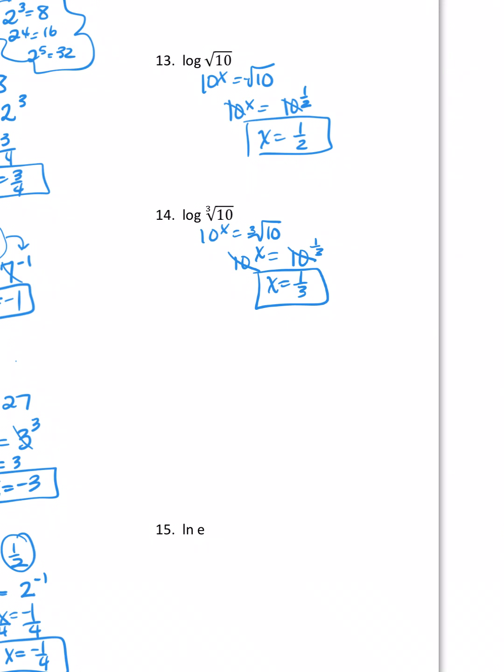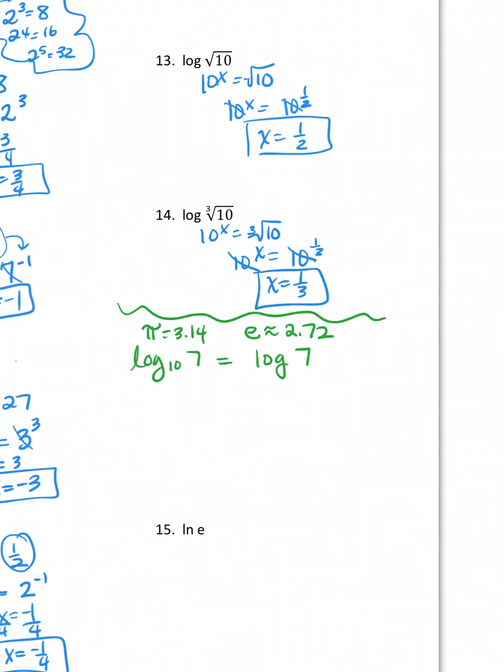All right, now, before we move on, let's do just a quick commercial break, a reminder of some things we discussed before. Remember how we said the other day, pi is 3.14, everybody knows that. And I introduced to you that number e, and we said it's approximately 2.72. That's just an irrational number we use. Now, we also talked about if you see log base 10 of 7, we know that that really means the log of 7, right? The base 10 is understood, so we don't write it like this anymore.